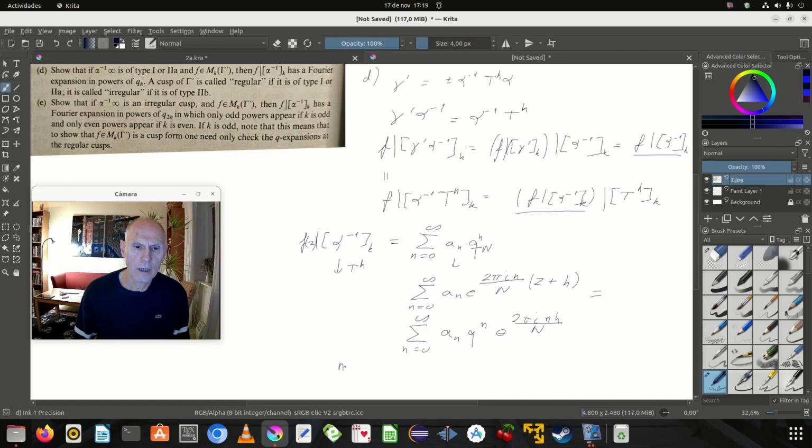Meaning that n h divided by capital N must be an integer if a_n is distinct from naught, which implies that n equals N divided by h.